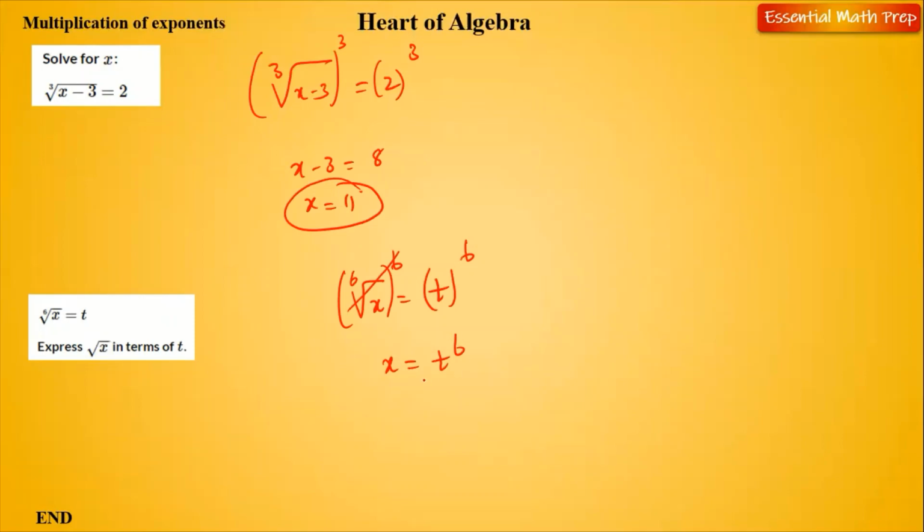Now take the square root, because we only want the square root, we don't want the sixth root of x. So if you take the square root on both sides, t power 6 raised to the power half is the same as t power 6 times half, which is t cubed. So the square root of x is t cubed.